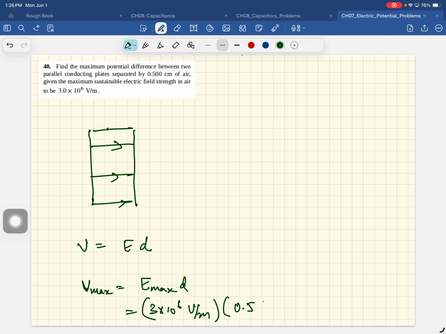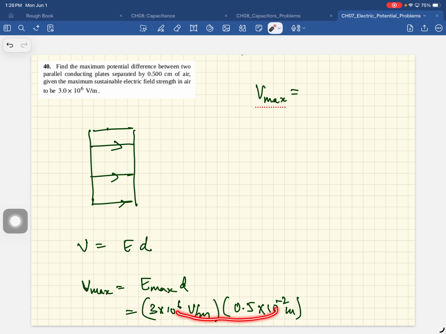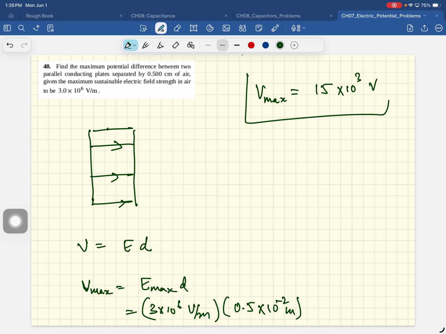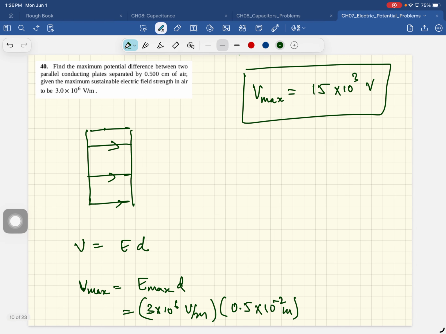And that works out in joules to 152.3 into 10 to the minus 13 joules.